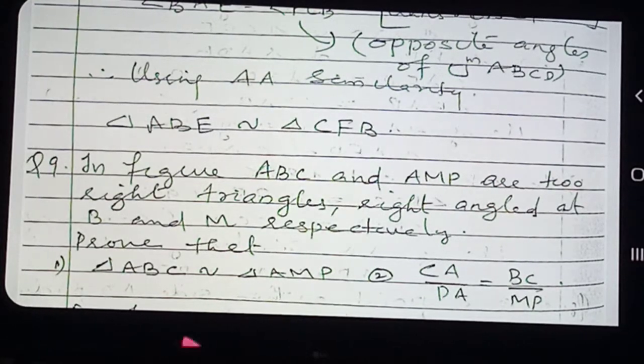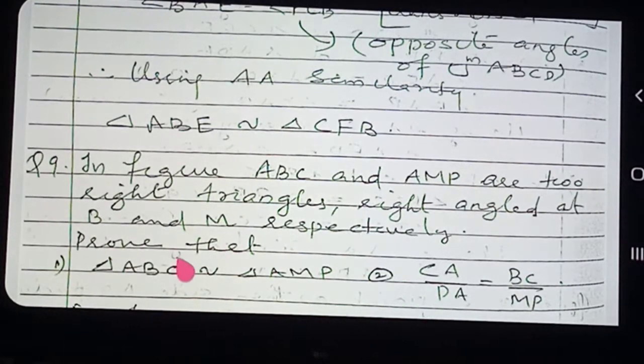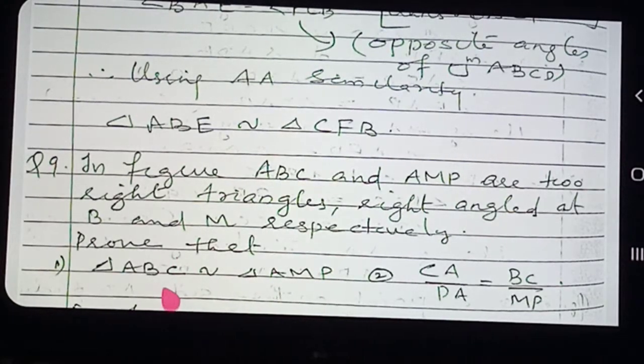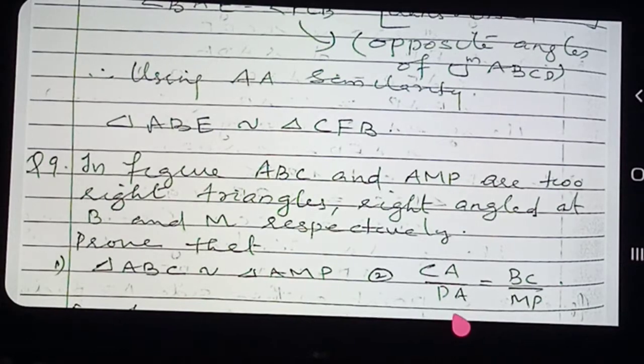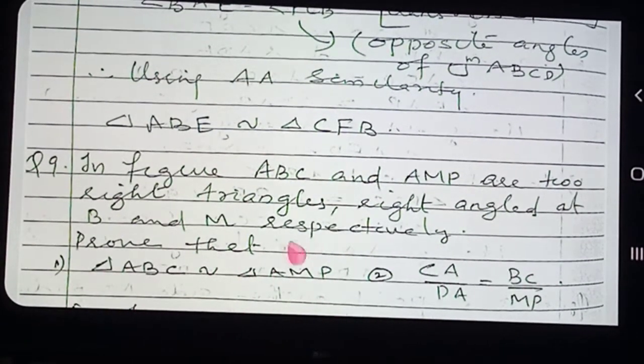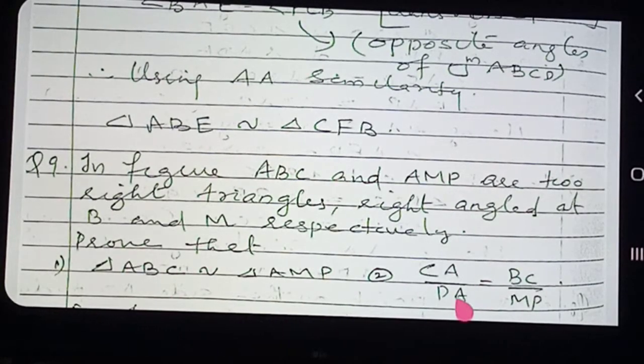So what do you want to prove? First, prove that triangle ABC is similar to triangle AMP, and second, CA by PA is equal to BC by MP. When you prove this, automatically you will get this one. So try to prove these two triangles are similar. You can see the diagram.